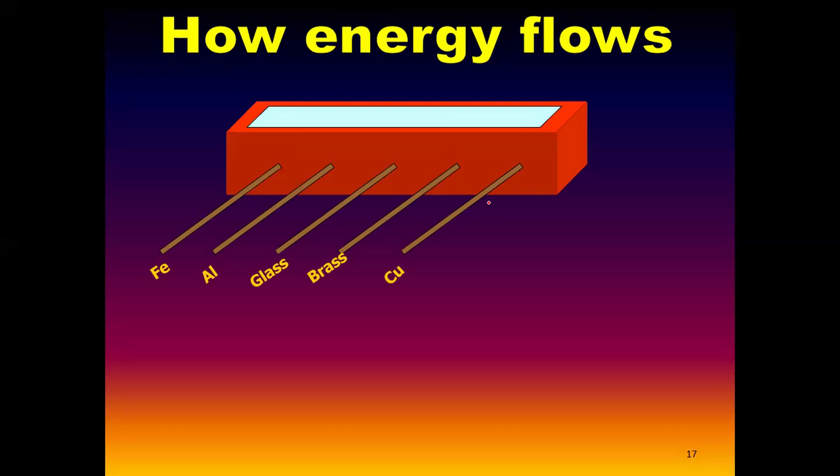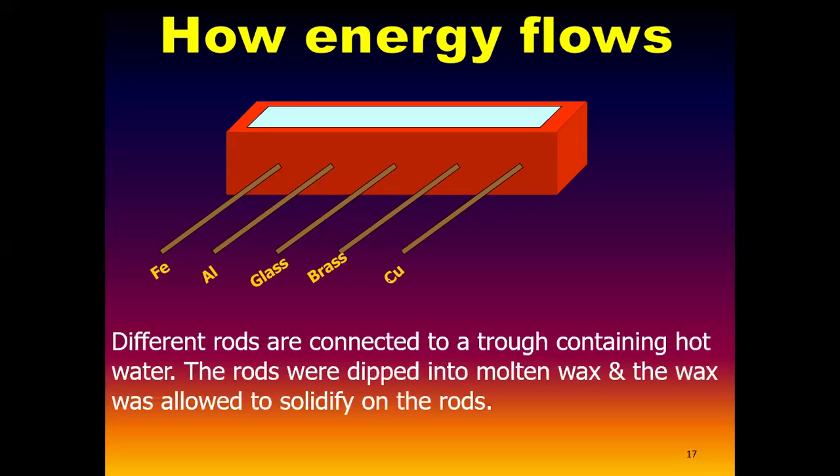We have iron, aluminum, glass, brass, and copper. These are different materials. Iron is Fe, and Cu is copper, right? We call them the metal rods, by the way.